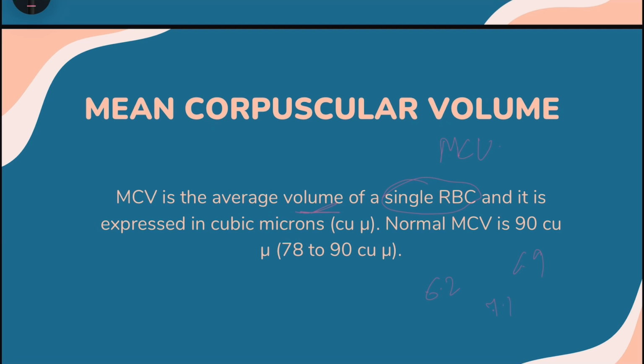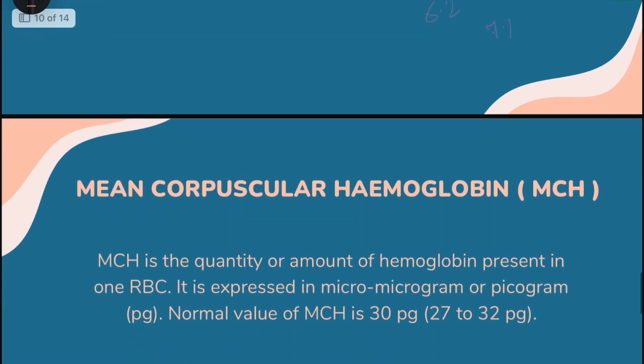So on an average, it is calculating the average value of all the RBCs in a certain volume. It means the average volume of the RBCs in a drawn amount of blood, and it is expressed in cubic microns.